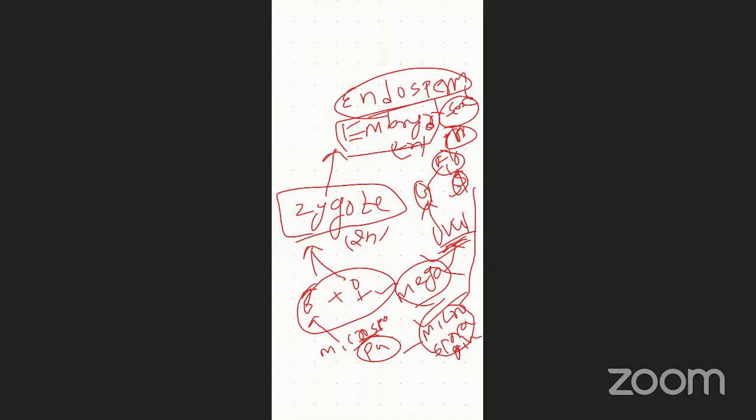The stigma accepts pollen grains of the same species and rejects other pollen grains. The stigma region is very sensitive to foreign material. It accepts only its own pollen grain and rejects foreign pollen grain. This process is called interaction.